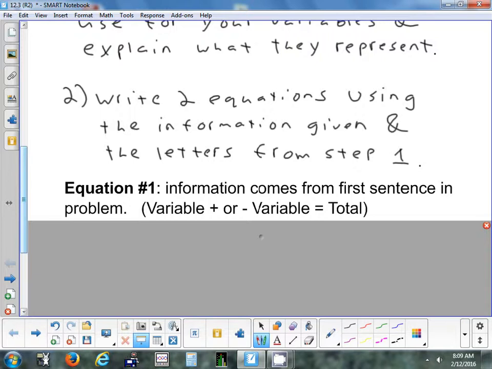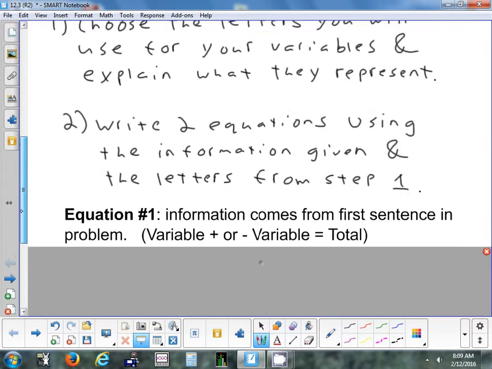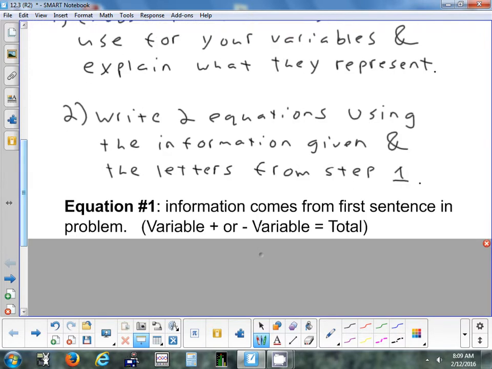For example, what were the two people I used up above? Mary and Hank. Let's say I said the sum of Mary and Hank's ages is 40. If you add their ages up, you get 40. What does sum mean? Addition.